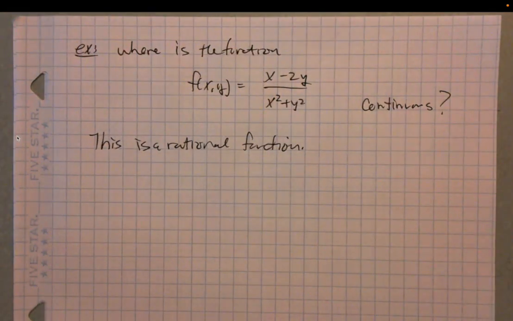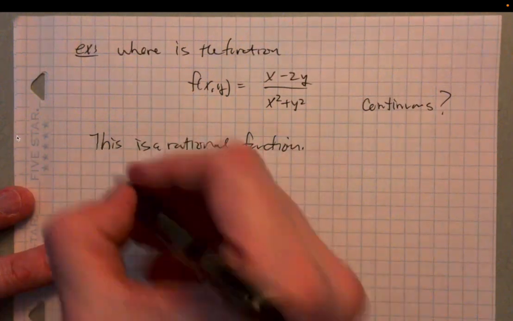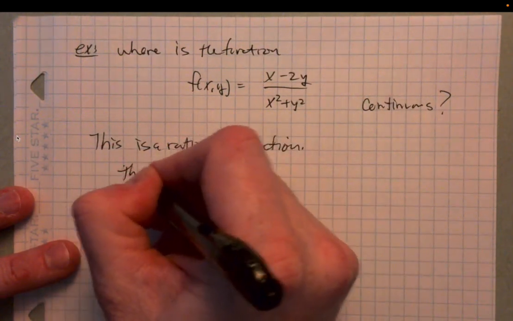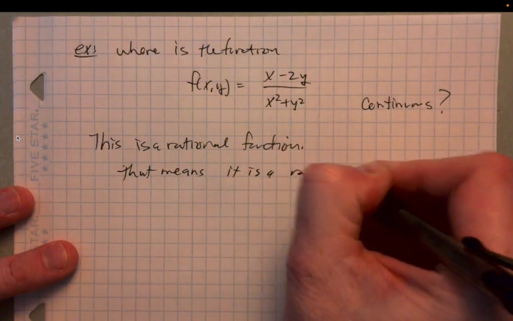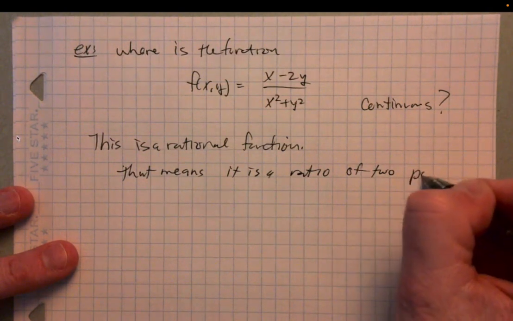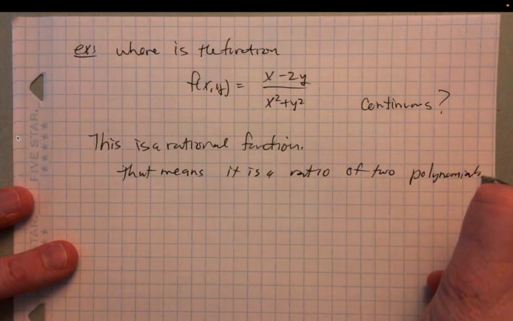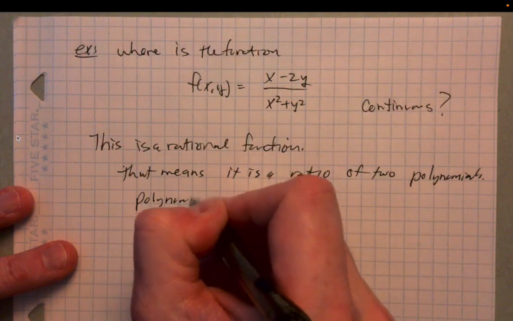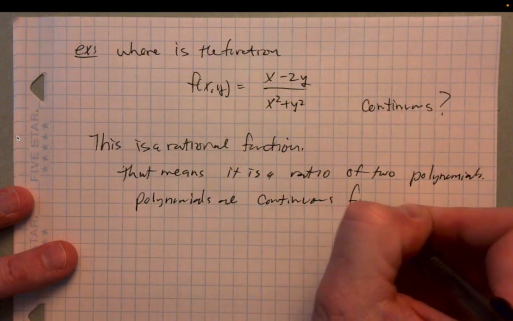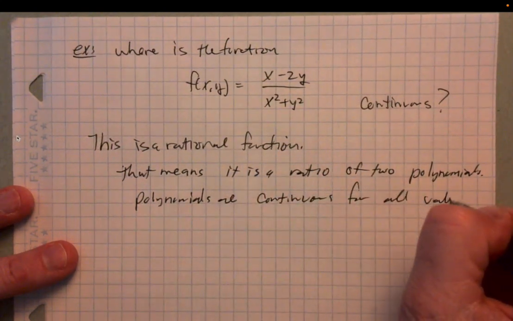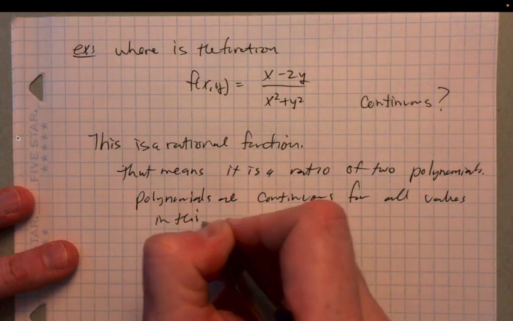Rational functions are the ratio of two polynomials. Polynomials are continuous for all values in their domain.